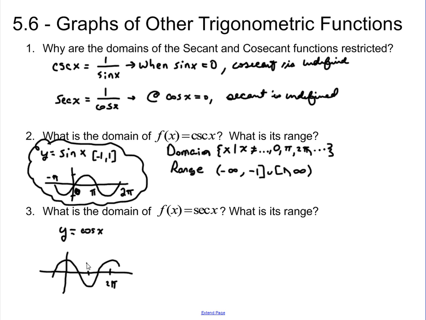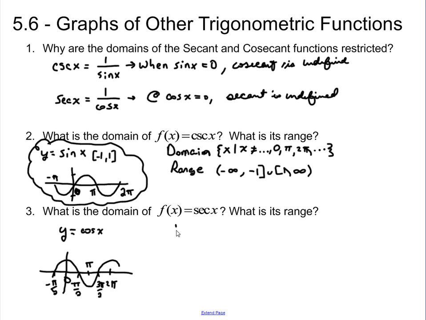Here's pi. Here's 0. Our asymptotes occur at pi over 2 and 3 pi over 2, right? These are the zeros, or at least 2 of the zeros of the cosine function. If we went over to negative pi over 2, we would find another one.